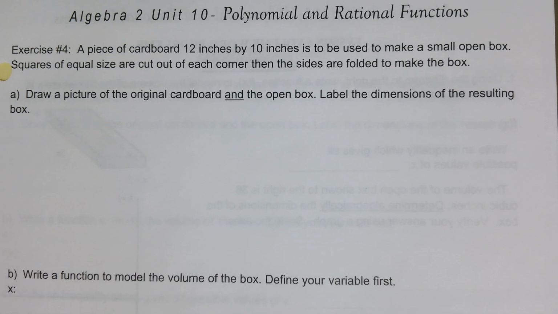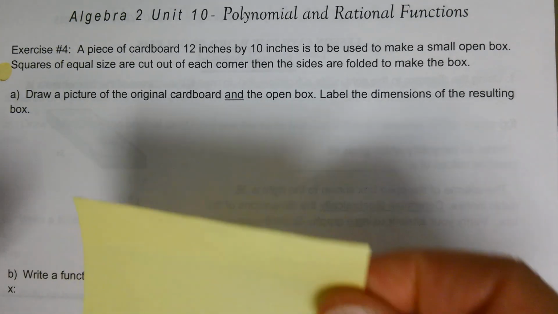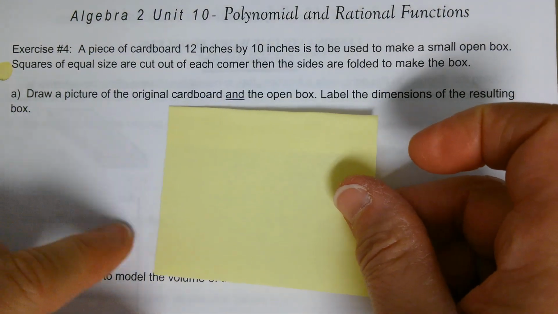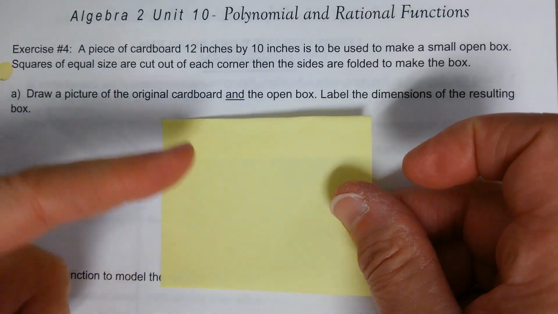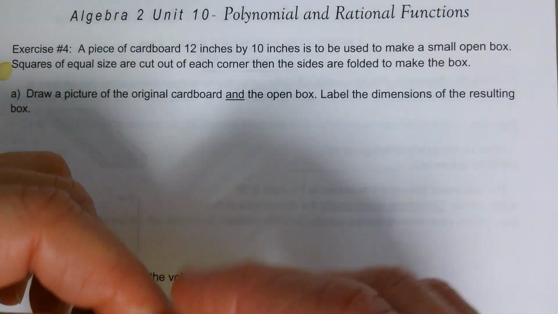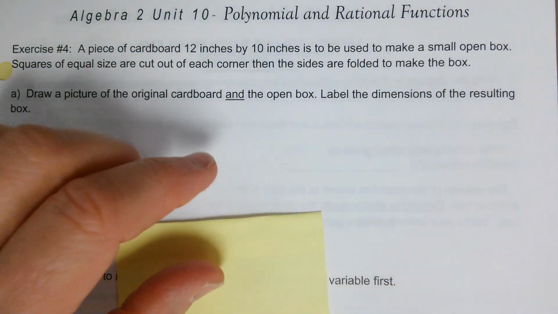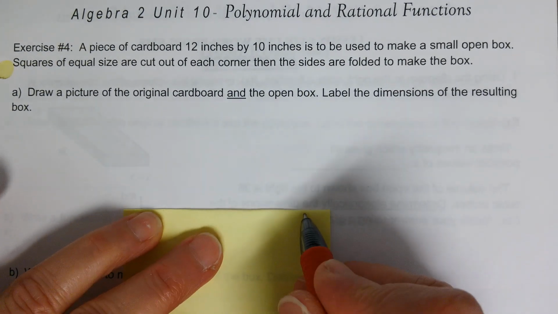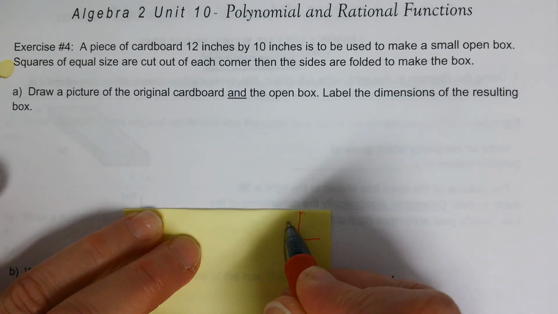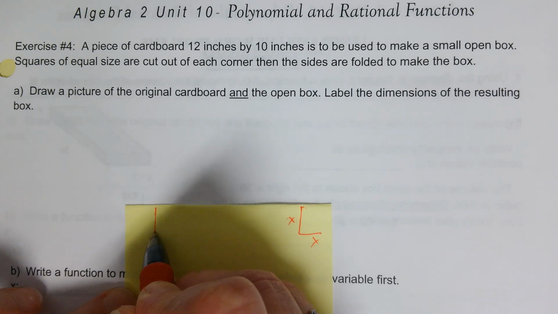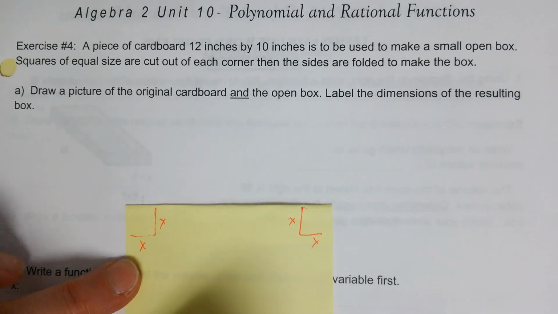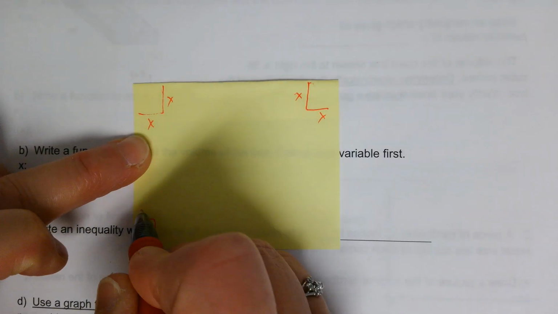Suppose I've got this 12 by 10 sheet of paper, and I cut off squares of equal sides on each corner. Take out a square of x on each corner.